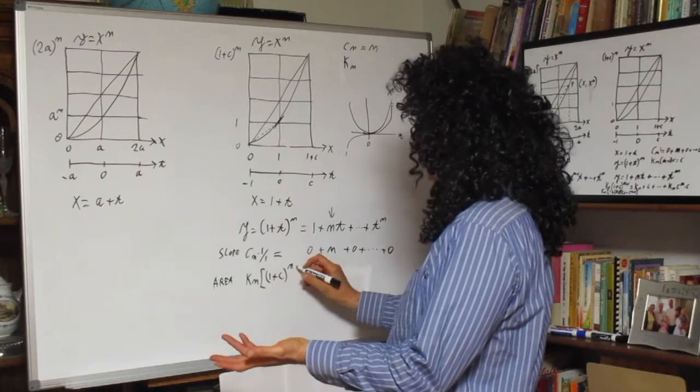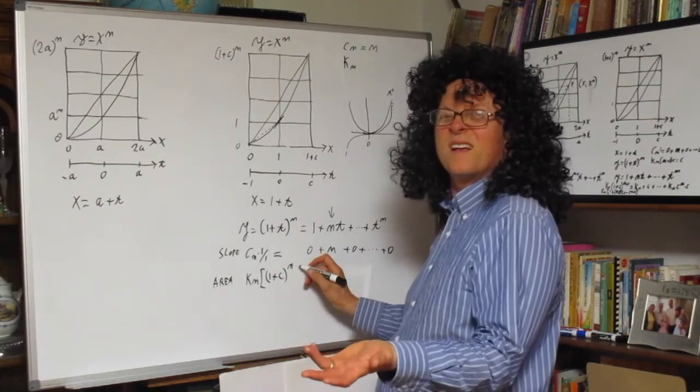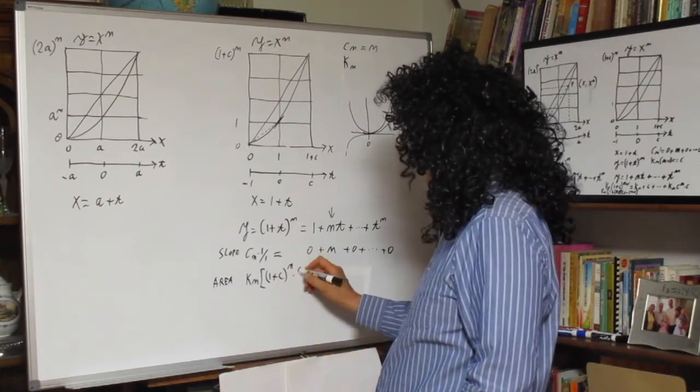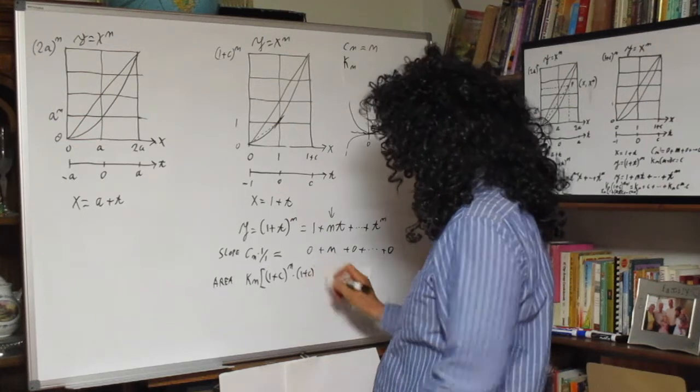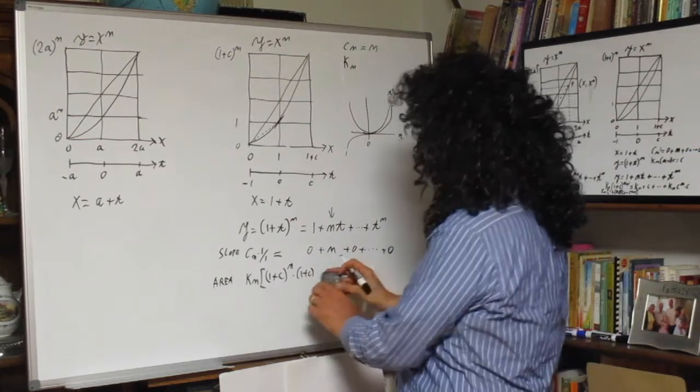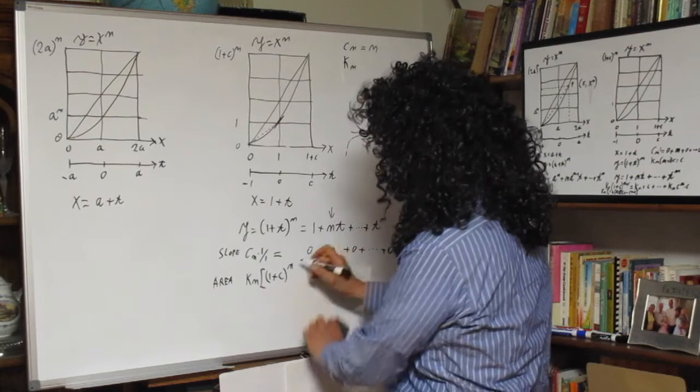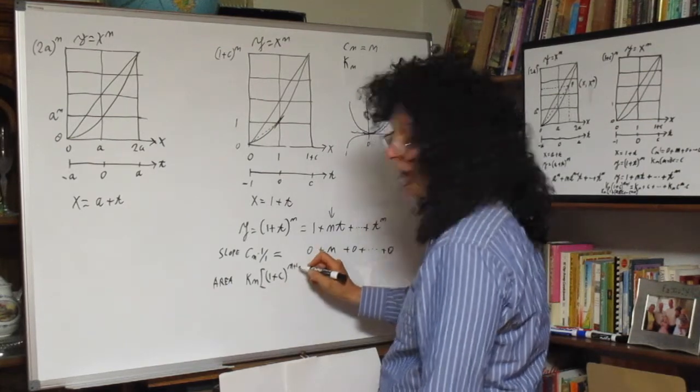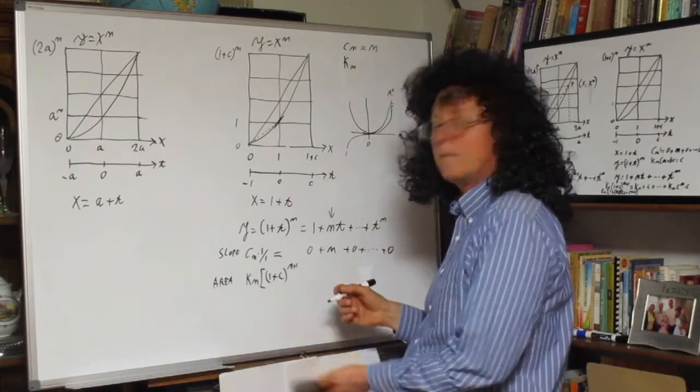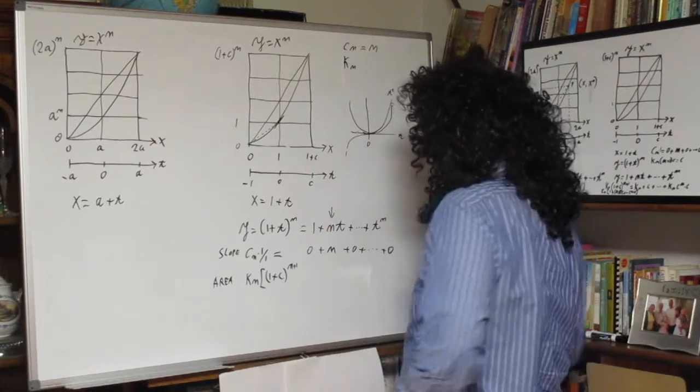So it's really 1 plus c to the n plus 1, right? Times 1 plus c. Well, you might as well just say n plus 1, right? It's one more power.